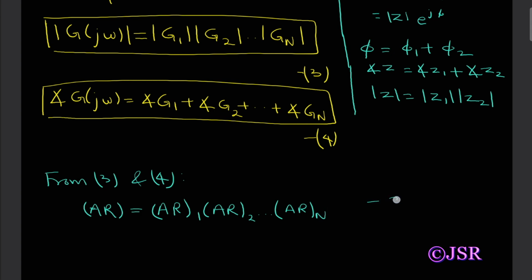So this is equation number 3.1, and this is, let's say, overall phase shift phi will be equal to phi 1 plus phi 2 plus phi n. This is equation number 4.1.